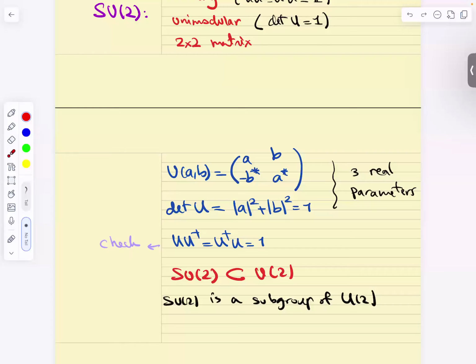You start with 4 complex numbers, that's 8 variables. The fact that it's unitary tells you that on the diagonal you have A, then A star, and then you have minus B star over there. That means how many parameters? You're left with 2 complex variables. That's 4 real parameters. And then the fact that the determinant of U is 1 tells you that the modulus of A squared plus the modulus of B squared has to be 1. That's 3 real parameters. Sanity check, right? Rotations have 3 real parameters.